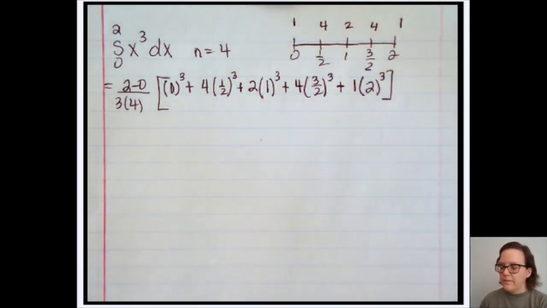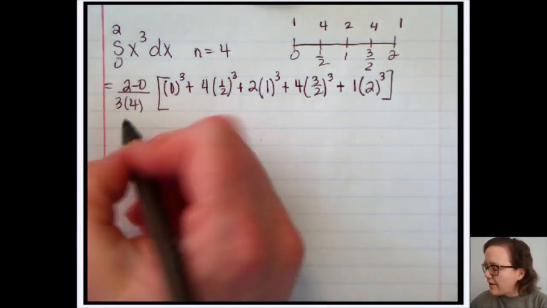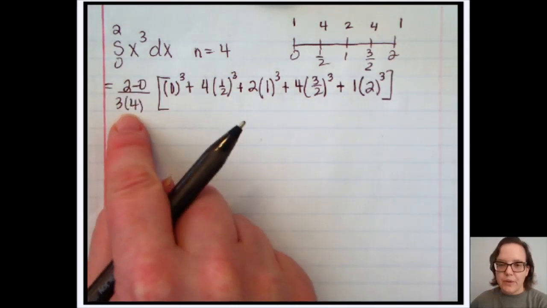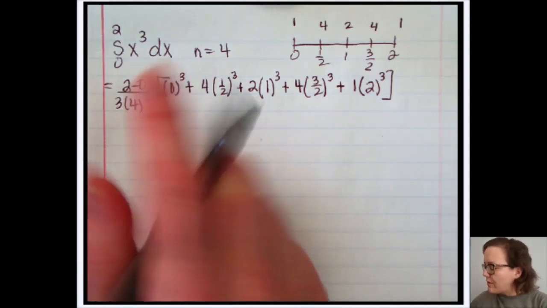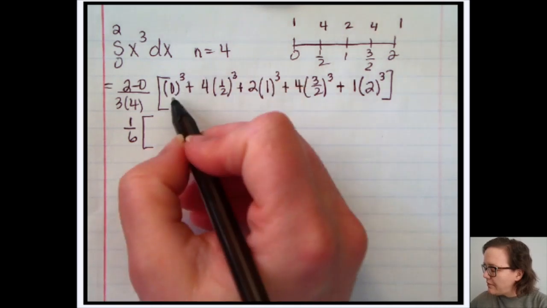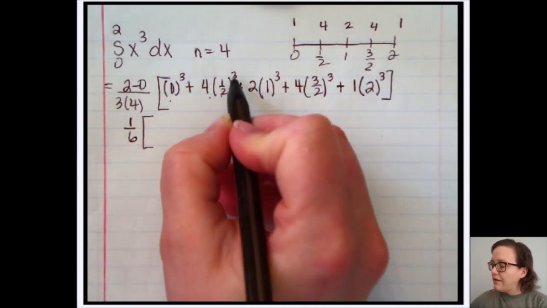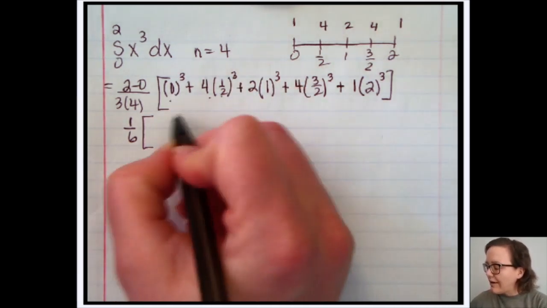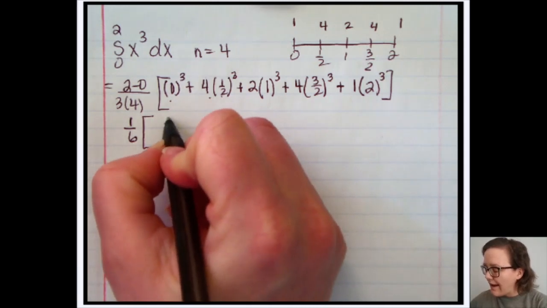Okay. So again, you can plug that all in your calculator. I'm going to simplify before I do it, but 2 over 12 is 1/6. Okay. So 0 cubed is 0. Okay. A half cubed is 1/8. So I get 4/8, which is 1/2.